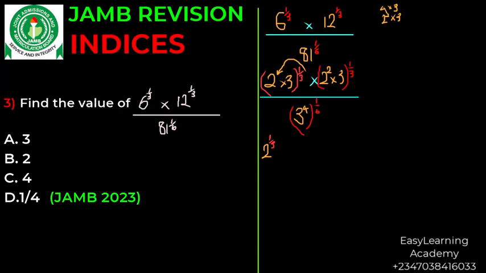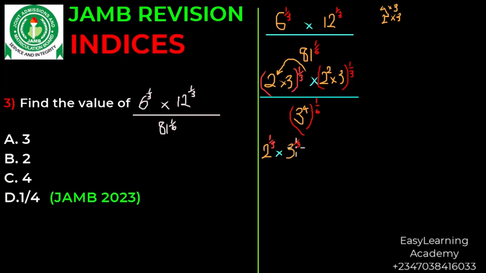Good. And now it's going to be times 3. This 3 here will still have the power 1 over 3, since it affects all of them. So we times 3, and the power remains as 1 over 3. Good. So we are done with the first bracket.